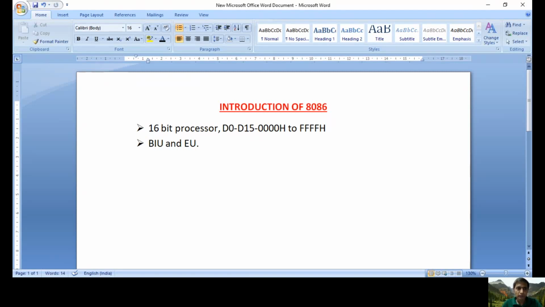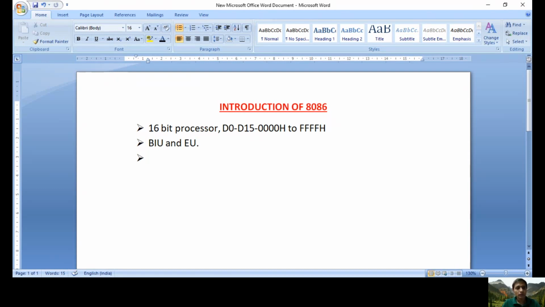The role of the bus interfacing unit is to fetch the instructions from external memory or IO device, then decode them. After fetching and decoding, those instructions enter into the execution unit for execution. The execution unit mainly contains registers, ALU, and other arrangements. But both are designed for 16-bit only.